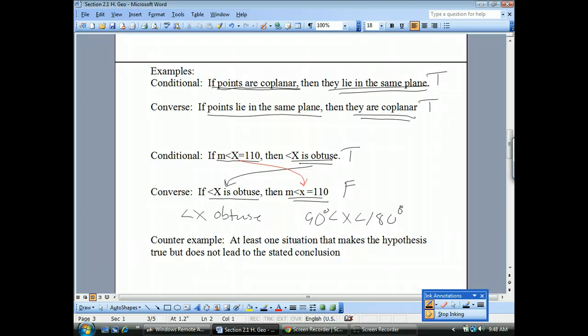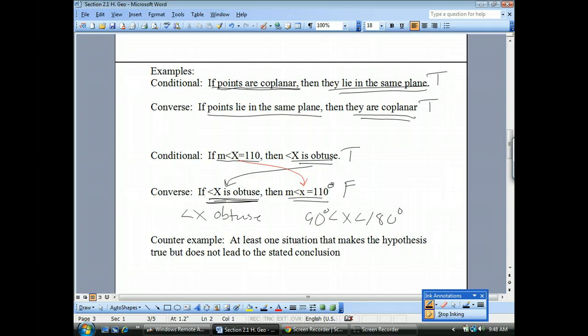So is every angle that's greater than 90 and less than 180 degrees equal to 110 degrees? No. It could be 115 degrees. So this one is false because just because x is obtuse doesn't guarantee it's going to measure exactly 110 degrees.